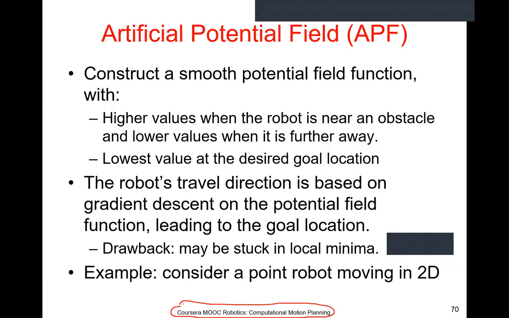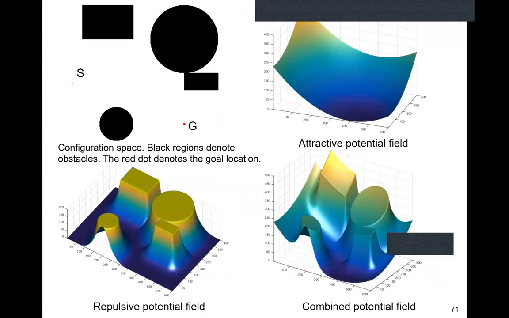So consider a point robot moving in 2D. You have a start location and you want to go to this goal location. And you have the obstacles, shown in black. You design an attractive potential field with the goal location G having the lowest potential value. And then you have the repulsive potential field around every obstacle. Notice that it gradually drops down.